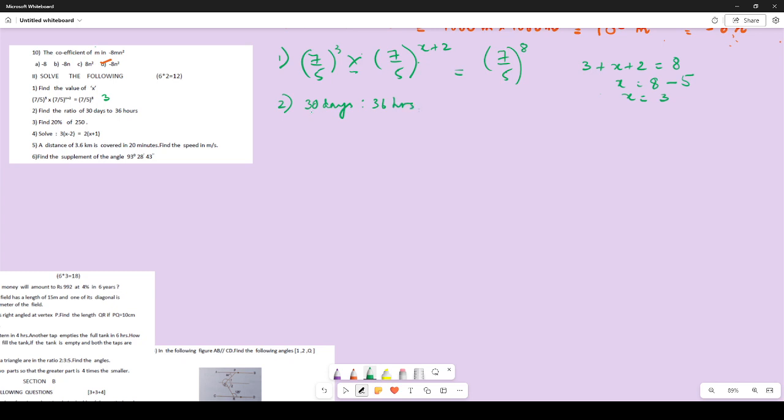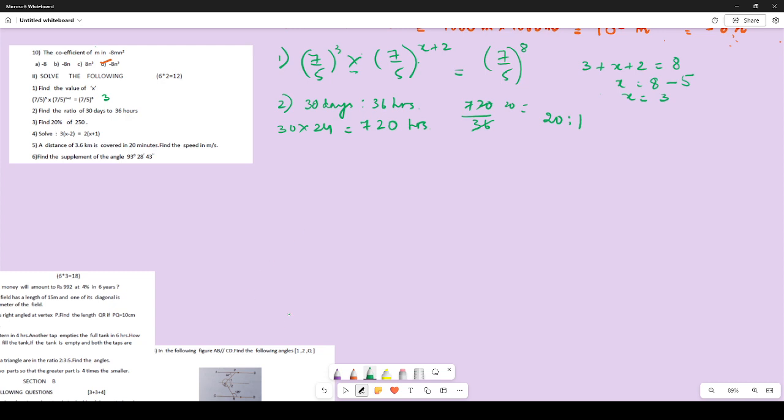Now what you need to do is convert both of them into the same units. So 30 days is equal to how many hours? 30 into 24 is equal to 720 hours, right? Now you find the ratio between 720 and 36. So this is 20 times, so the ratio will be 20 is to 1, right?